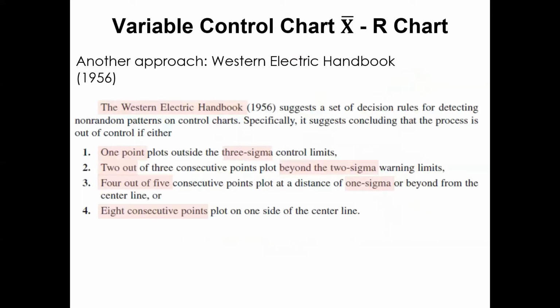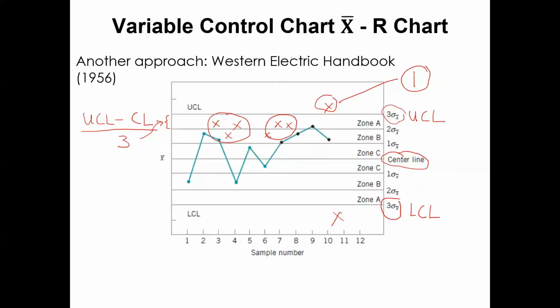How about the third rule? 4 out of 5 points plot beyond 1 sigma. Where's the 1 sigma line? This is the 1 sigma line. 4 out of the 5 means 1, 2, 3, 4.